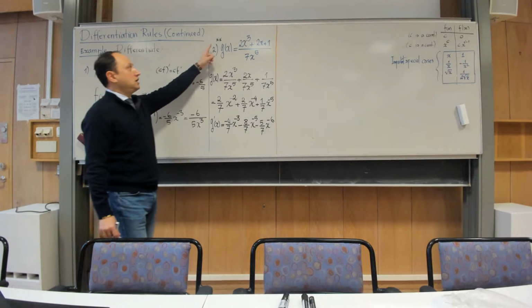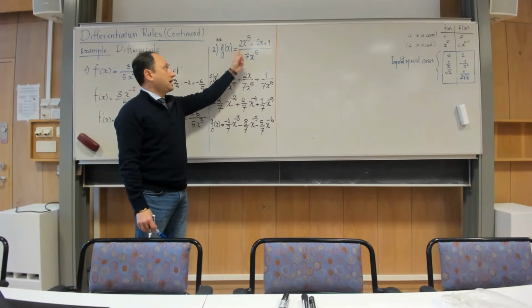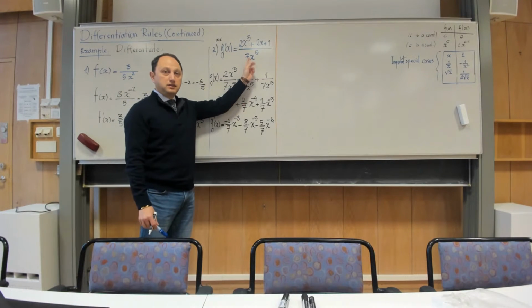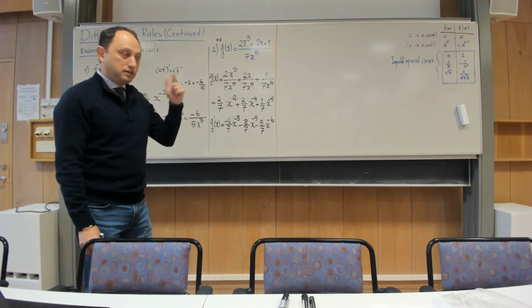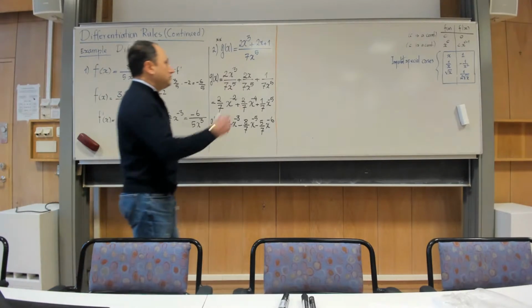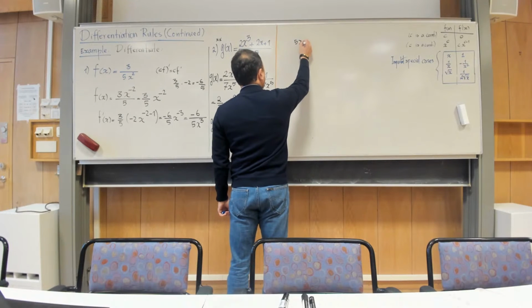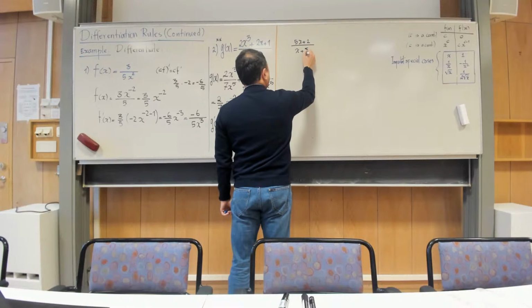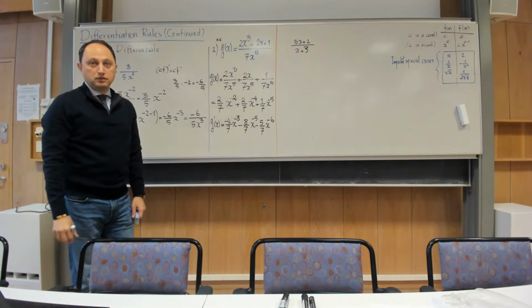So remember the type of fractions for which this method will work. The fractions in which the denominator consists of only one single term. This is the best way to do that. For example, if I give you 5x plus 2 divided by x plus 3, this you cannot use this rule.